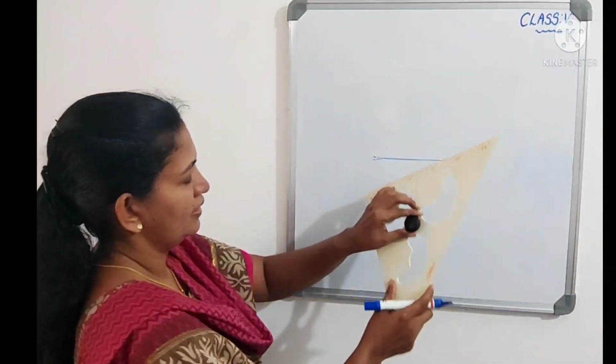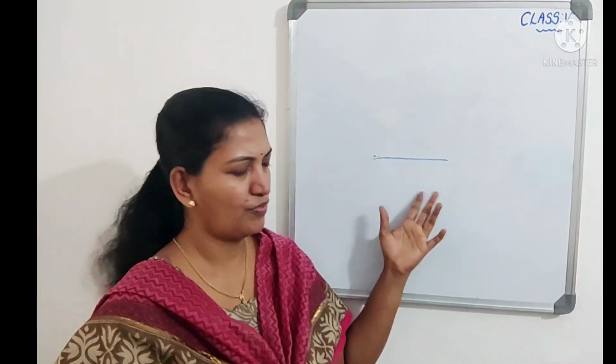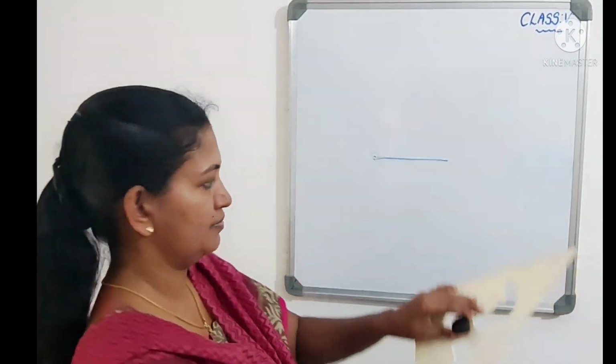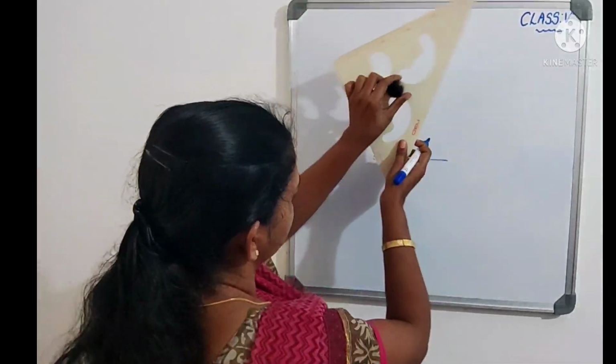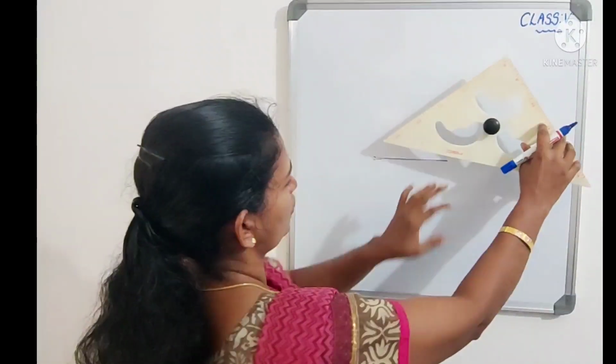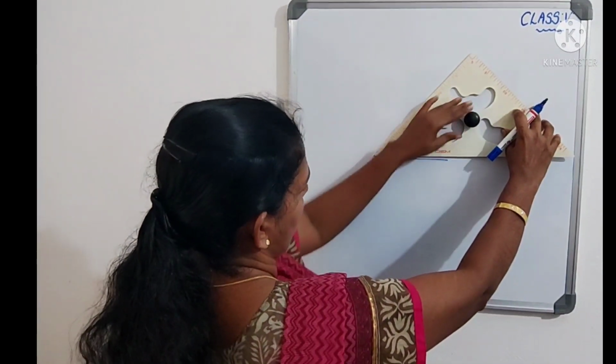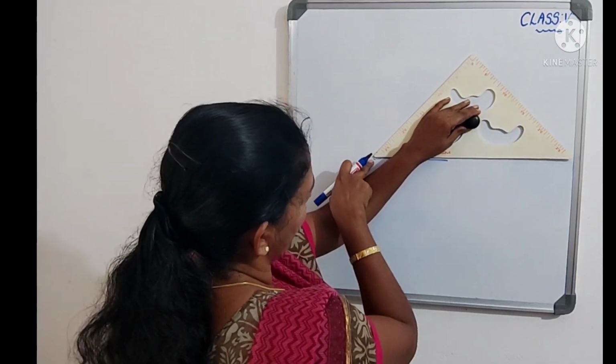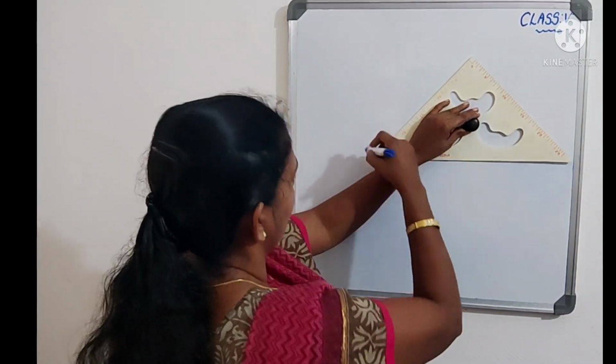The measurement is not given, so we can take any measurement as you wish. Then again we are using this corner. This dot and this line touch this set square, then draw the line.